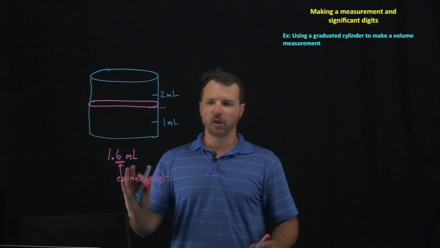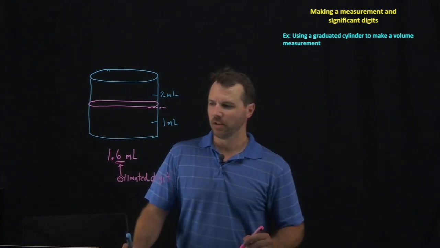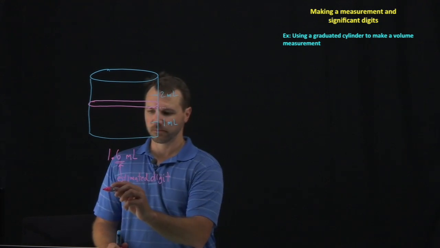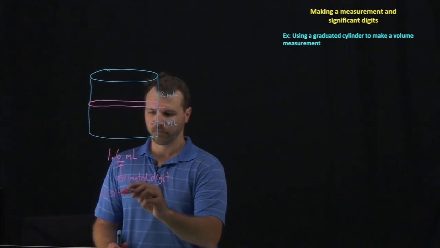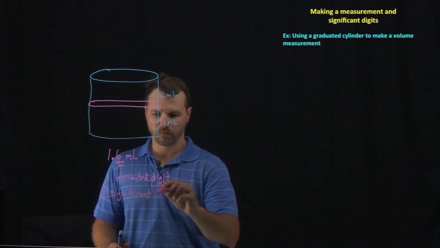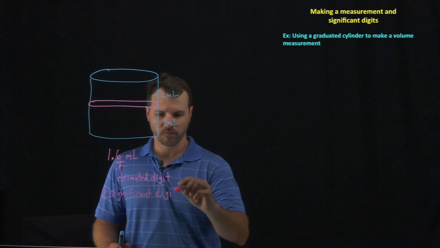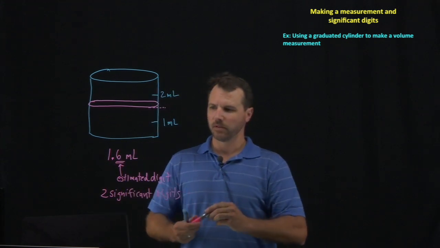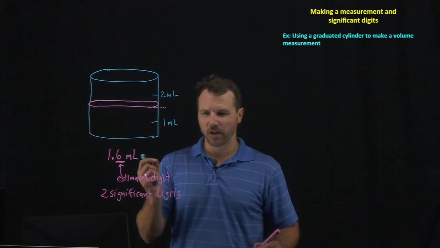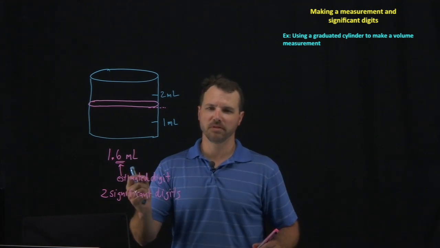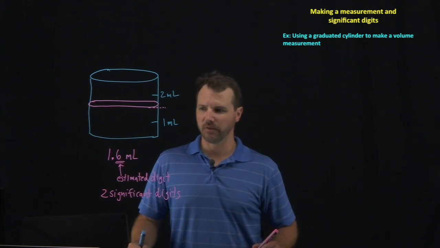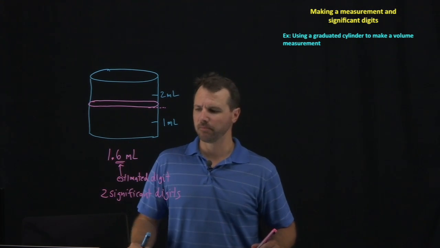And even though we estimated that last digit, this measurement has 2 significant digits. The significant digits are telling us how many digits we are actually able to measure using our device, whatever the measurement device may be.